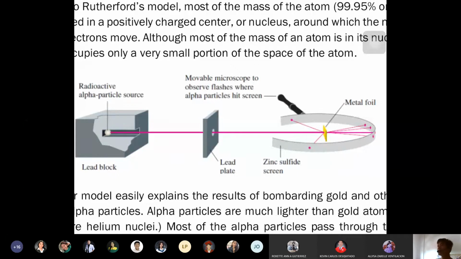But anyway, this is the setup. On the left side of the setup, we have a lead block. What's the purpose of the lead block? Lead is actually good at containing radioactive particles. That's why nuclear reactors are composed of lead layers.